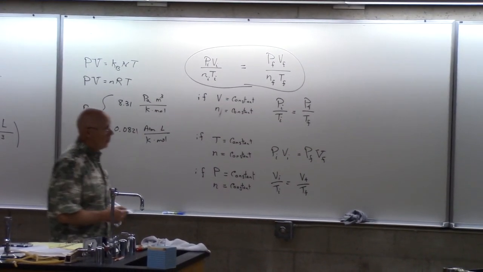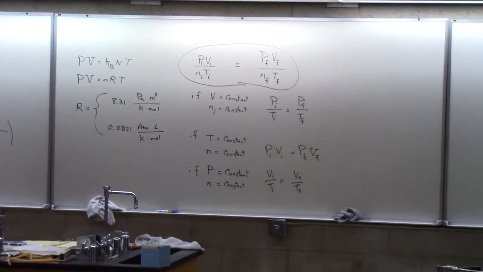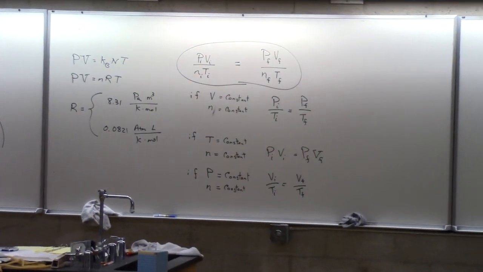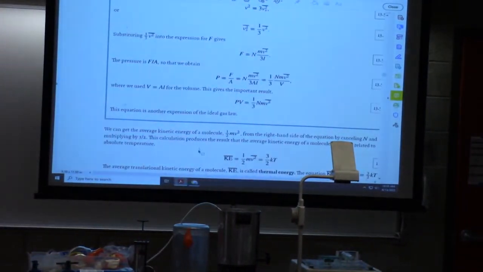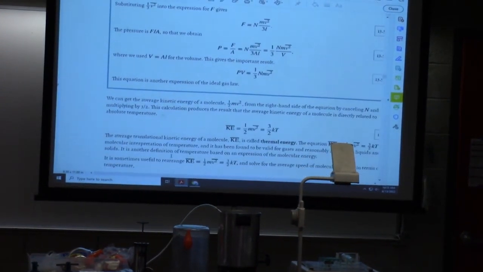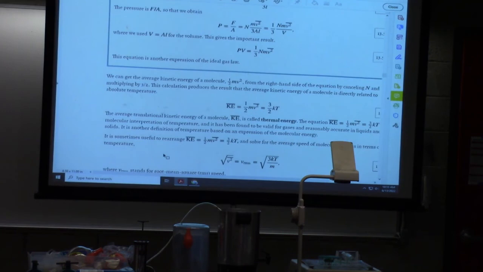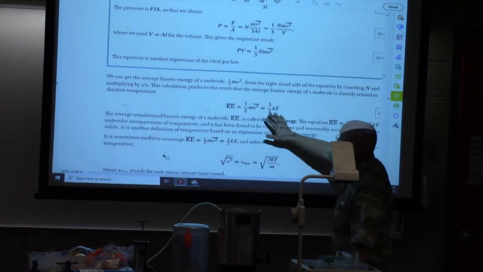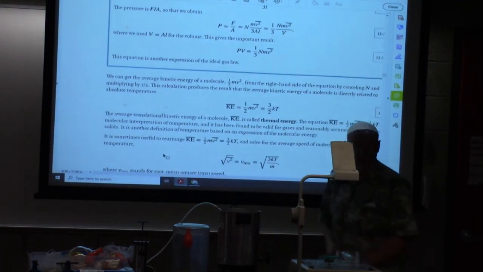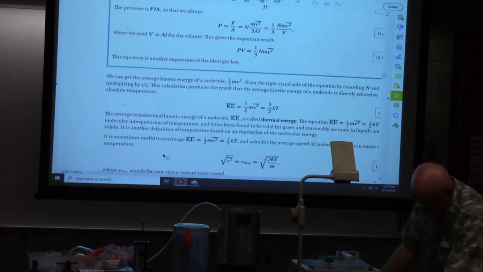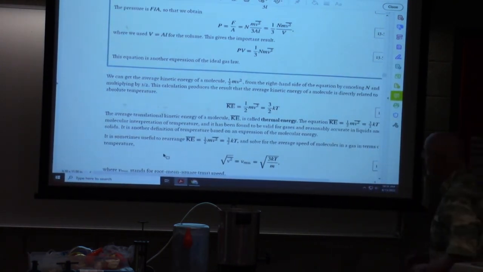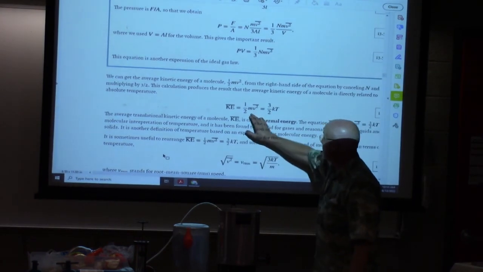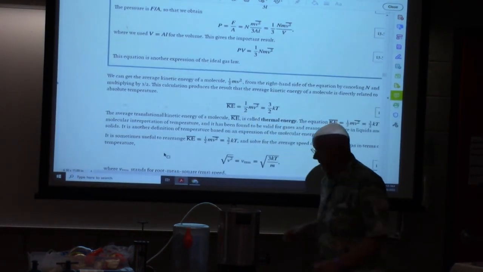Well, one last thing, and we'll get out of here for the next class. I'll just give you the formula here. Your author, and it's right here on the screen, in this mathematical derivation, correlates the speed, what's called the RMS speed, with the temperature.